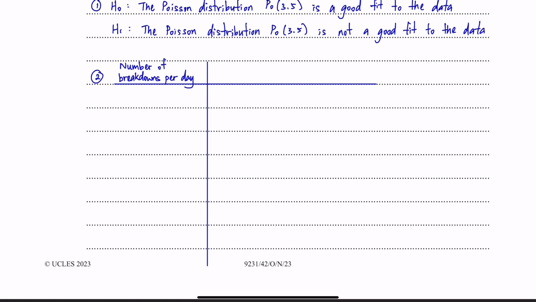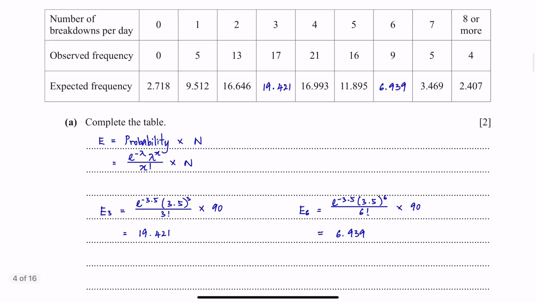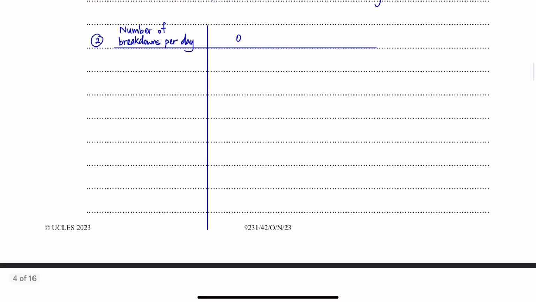Okay, so the second column would be our O value, our observed frequency, sorry. The third column would be E, which is the expected frequency. And the last column would be O minus E squared over E.